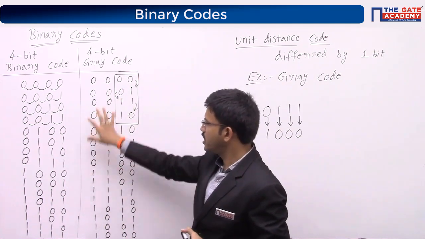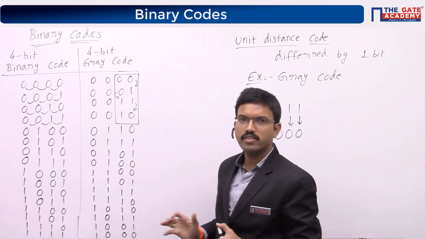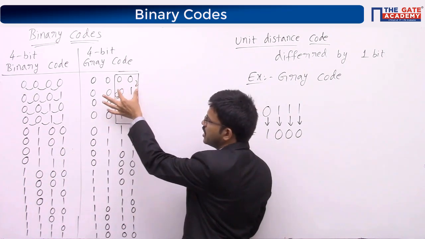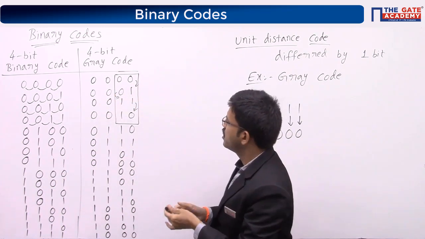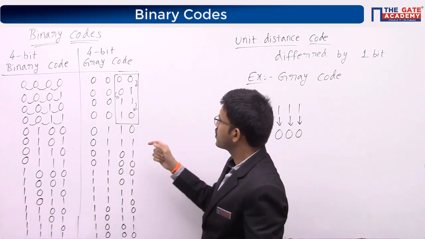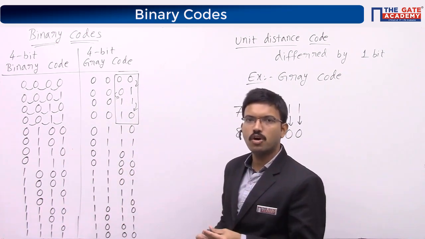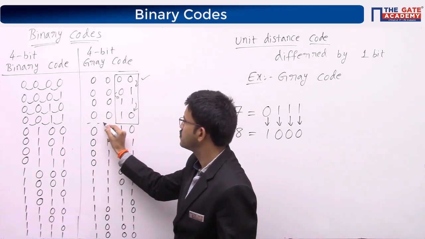Whatever gray code you got for the 4-bit case, whether it is correct or not, you can cross check like this. I have considered the gray code for the 2-bit case like this: 0 0, 0 1, 1 1, 1 0. Now I have to formulate the gray code for the 4-bit case. That means you will have a total of 16 combinations. First I am considering 0 0 for 4 combinations.